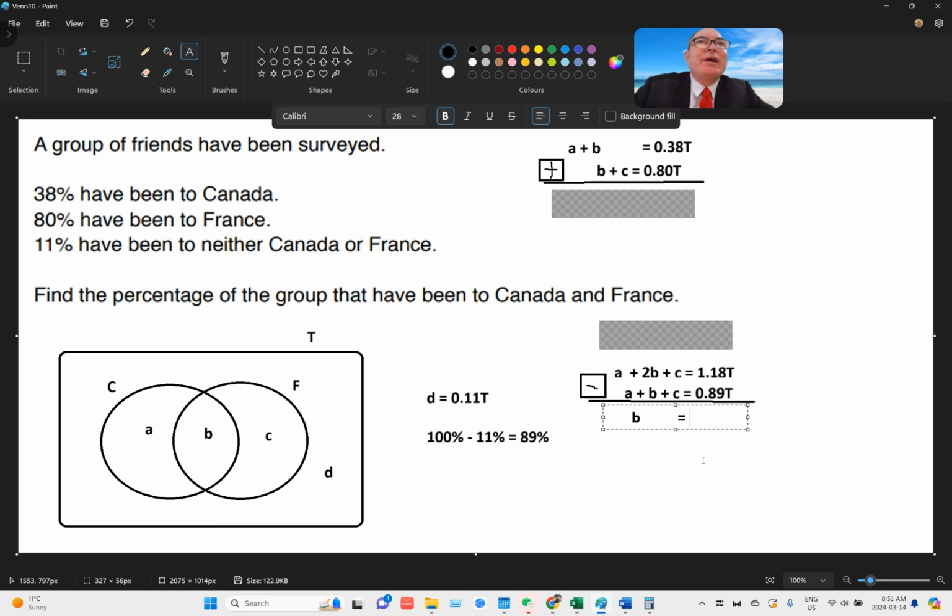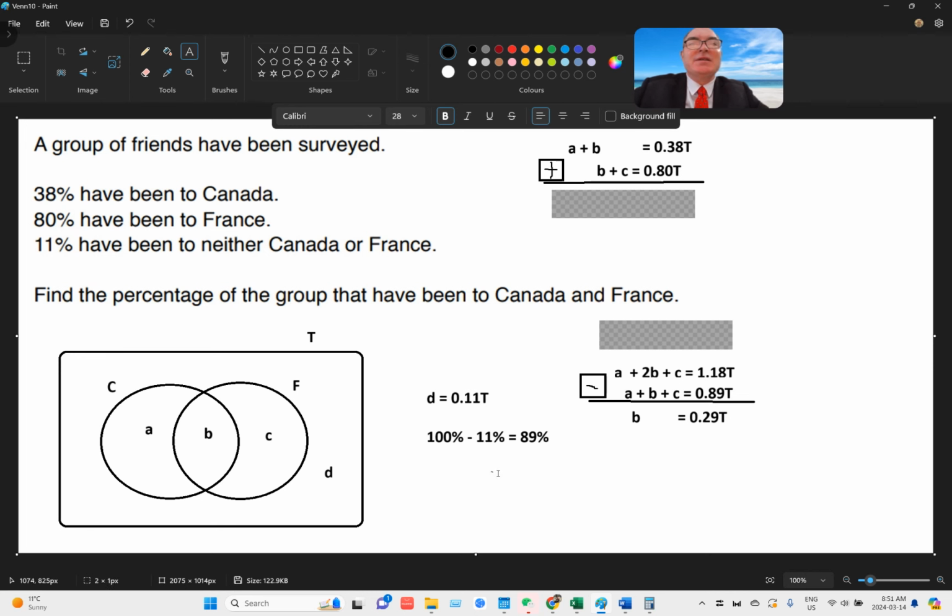But I took away an extra 0.01, so 0.28 plus 0.01 is going to be 0.29T. What are we looking for? We're looking for the percent of the people who have been to Canada and France. That's that B. Excellent. So that 0.29T really means 29% of T.